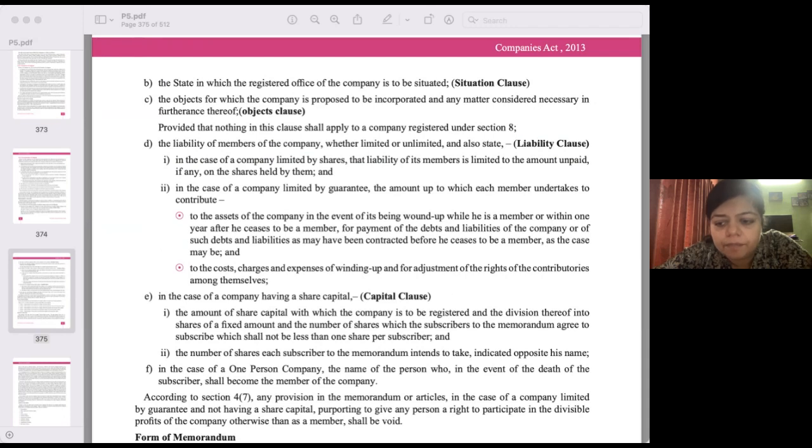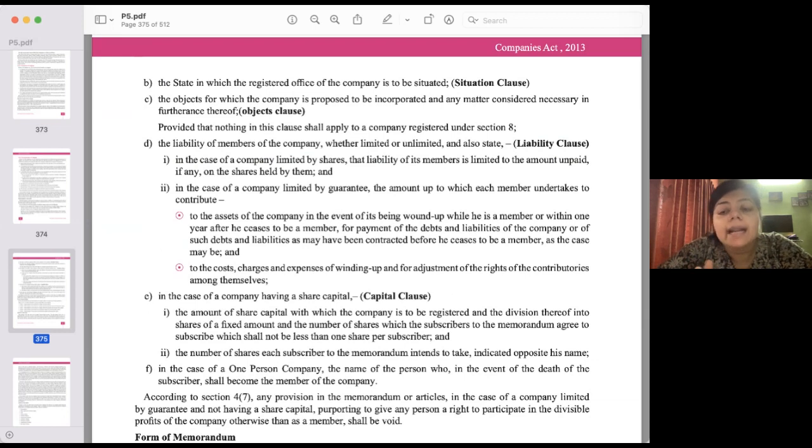This is the clause which talks about all the things that a company is empowered to do within its lifetime, as a going concern, until the time of winding up.